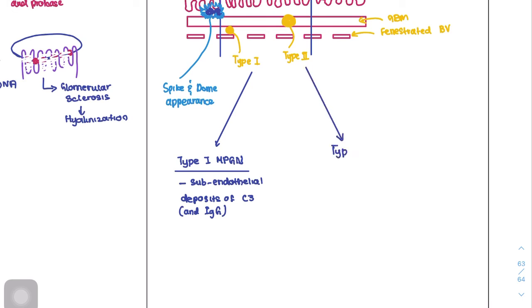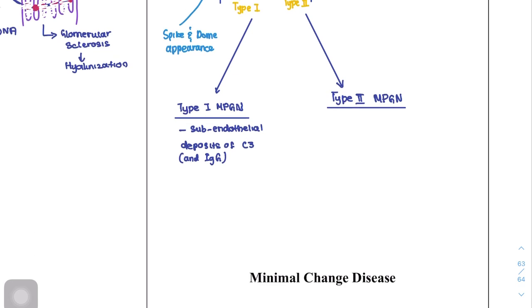Next, we have type 2, membranoproliferative glomerulonephritis. And this is also called dense deposit disease on glomerular basement membrane. And this condition has a poor prognosis.